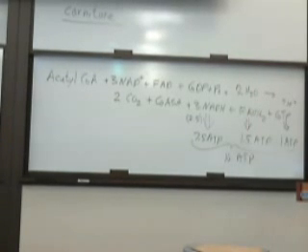These 7 FADH2s, that will be multiplied by 1.5, and so that's going to give us a total of 10.5 ATP. And then we're going to get 2.5 for each of these. That's going to give us a total of 17.5 ATP.